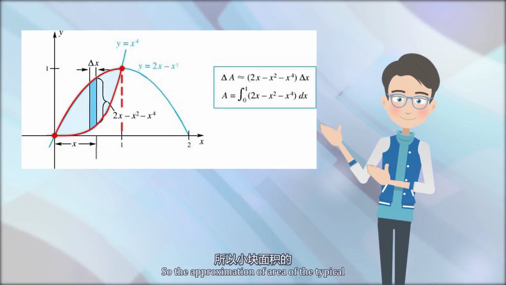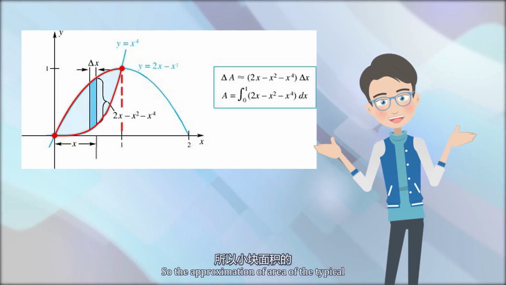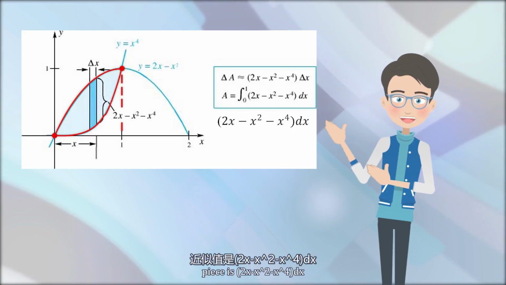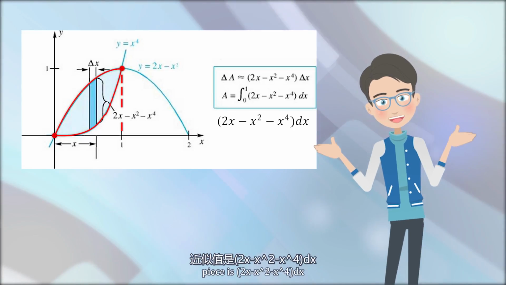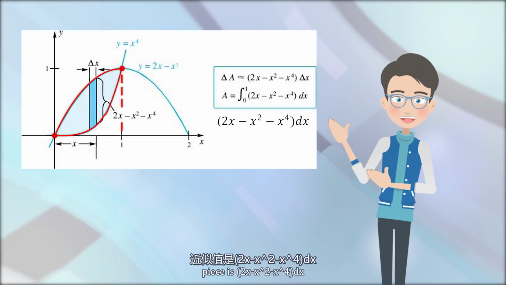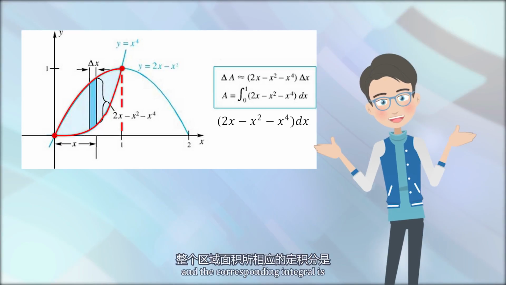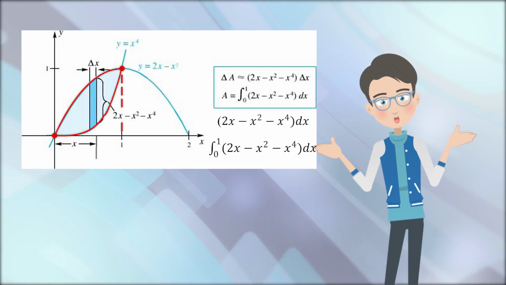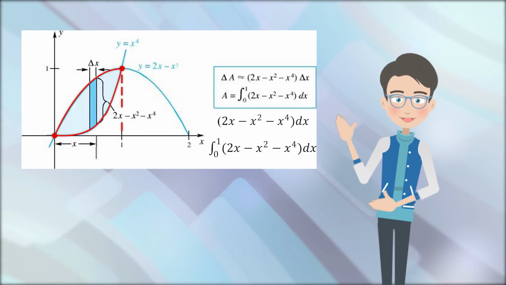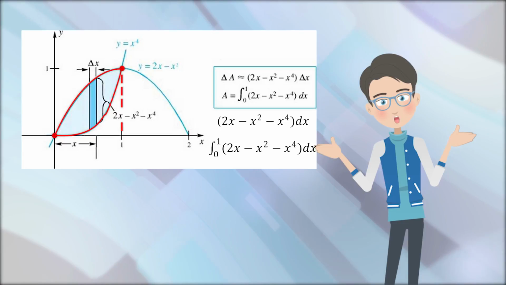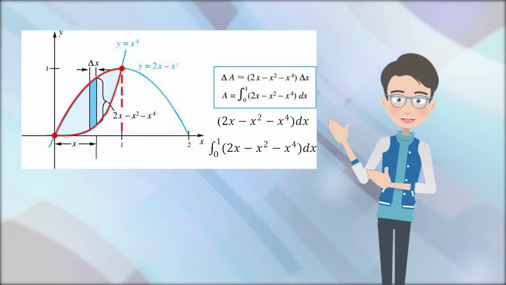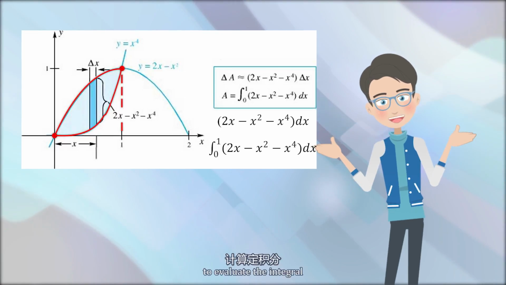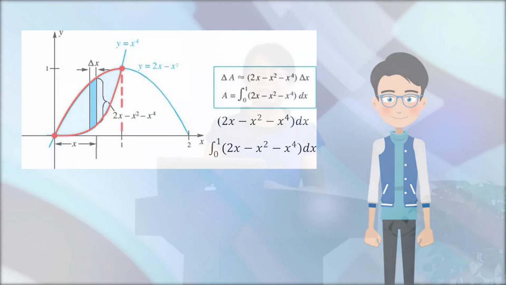So the approximation of the area of the typical piece is (2x minus x squared minus x to the 4th) times dx. And the corresponding integral is the definite integral of 2x minus x squared minus x to the 4th on the closed interval 0 to 1. One job remains: to evaluate the integral.